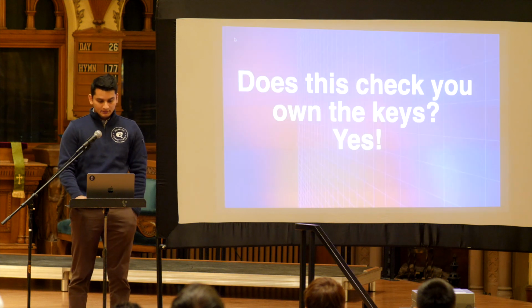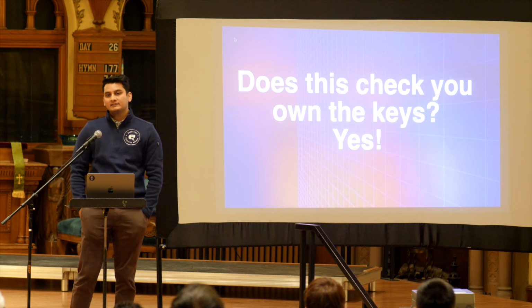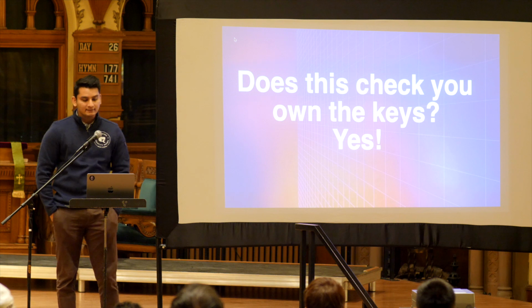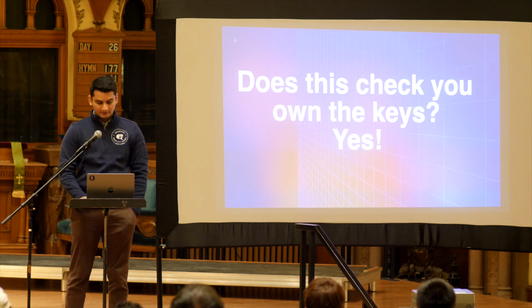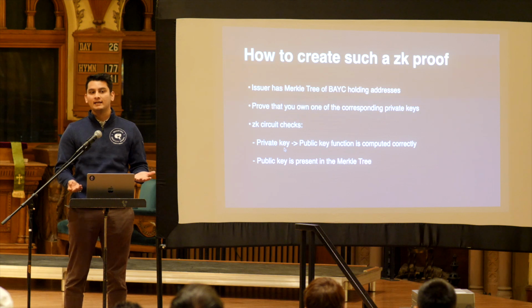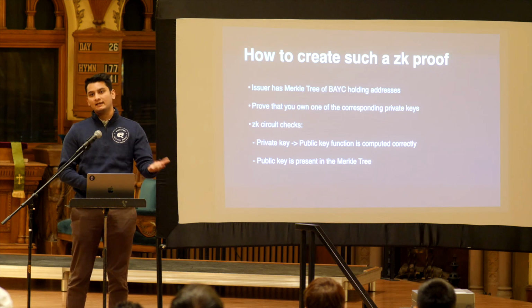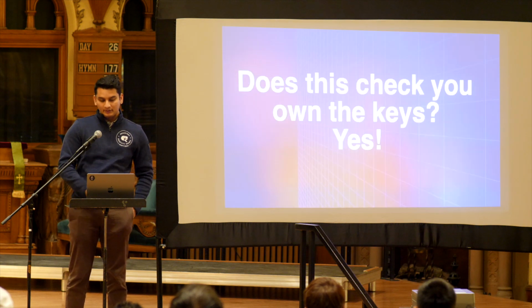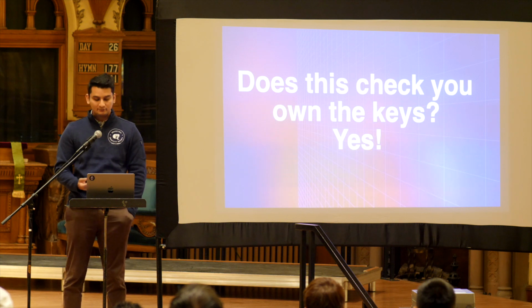OK. But this is based on the fact that you can check the keys. So you check this relationship that I talked about, on the private key, how it maps to the public key and the address. And this information is checked inside the zero-knowledge proof. But again, this checks the private key information.